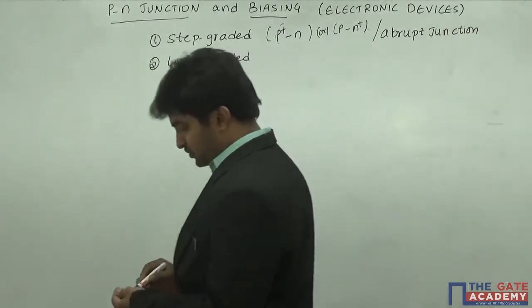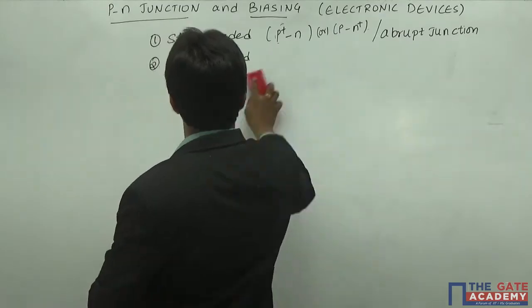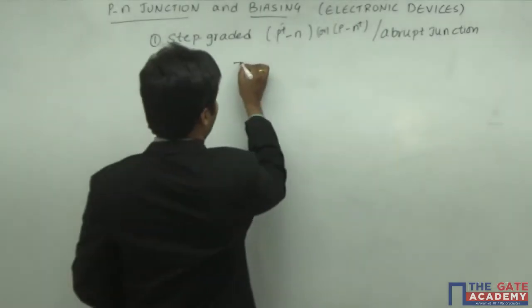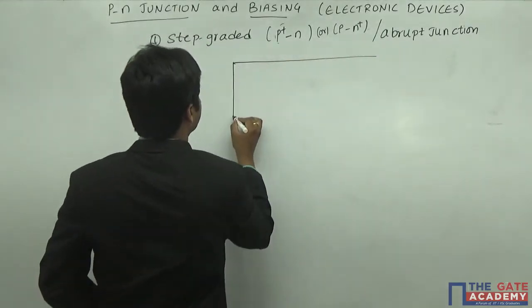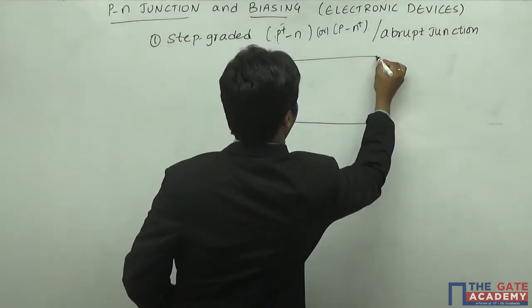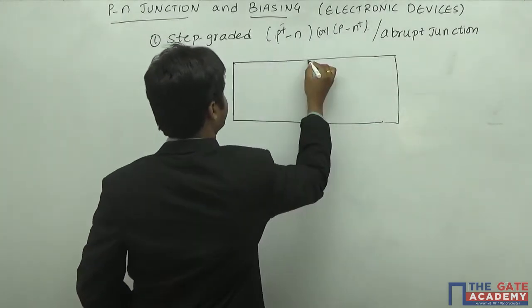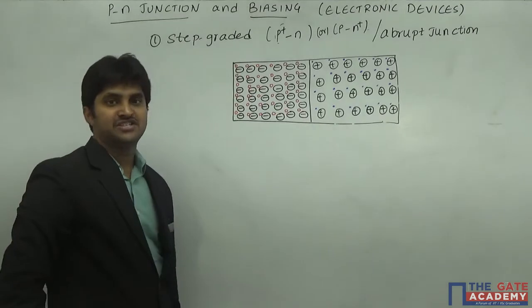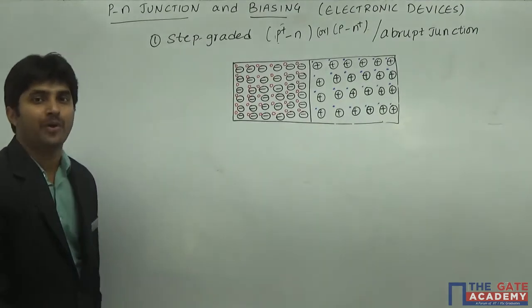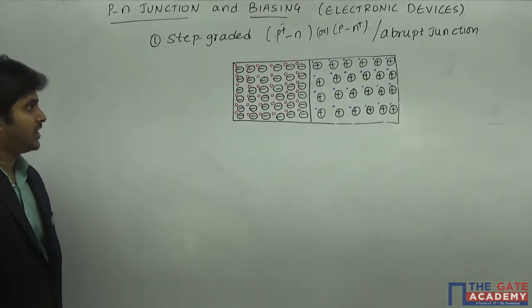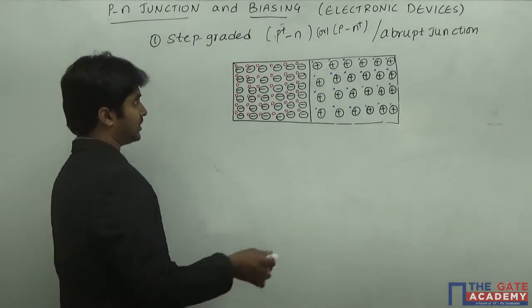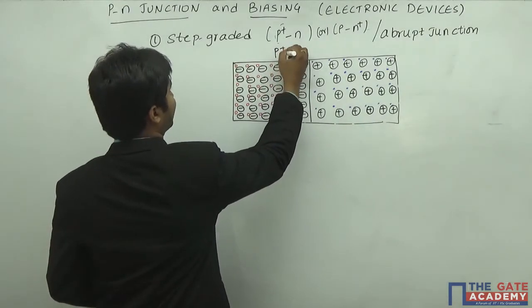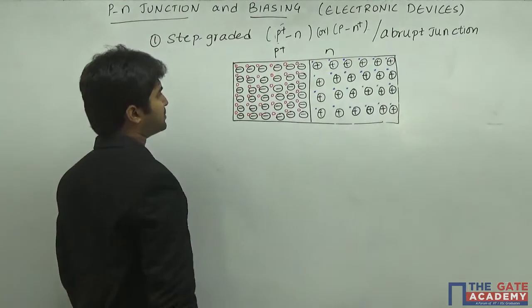So we'll try to focus on this particular part. Let me try to draw how the step graded junction is going to look. Here we consider a step graded PN junction which has no bias. You can see that the P region is highly doped when compared to the N region, which is very obvious, right?